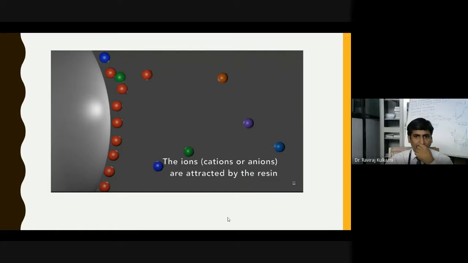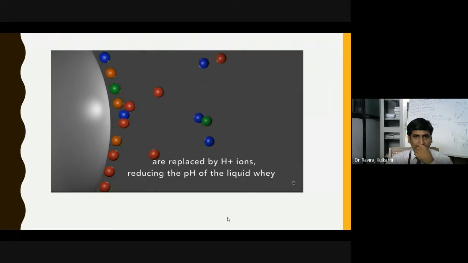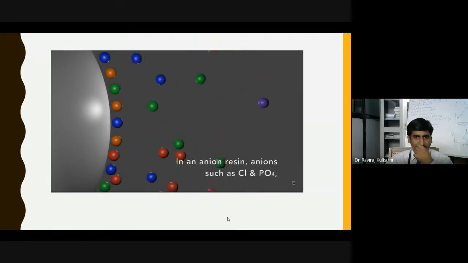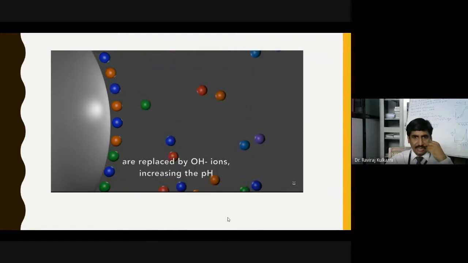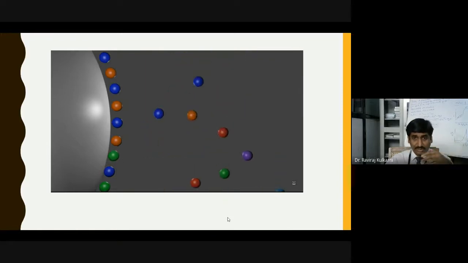Cations and anions are attracted by the resin. Calcium, potassium, all these ions are replaced with H plus ions, pH decreases. Then anion exchange resin, OH minus ions come out of the resin, and chloride ions or sulfate ions, phosphates and all sit on the resin.